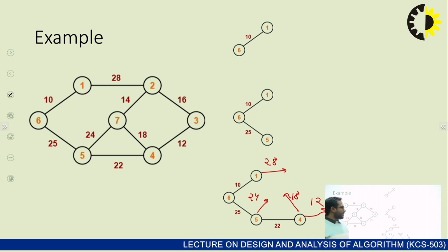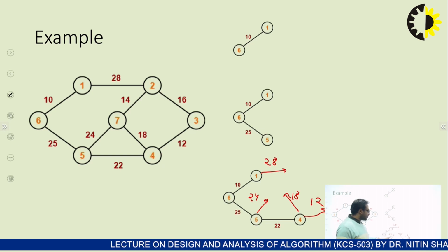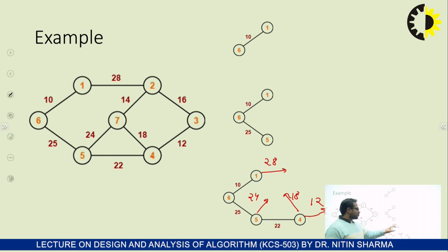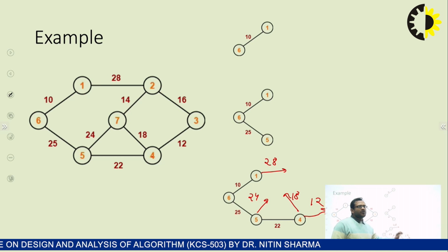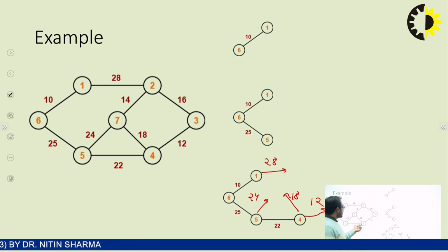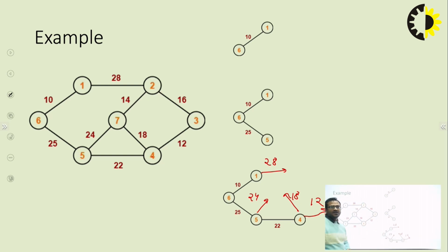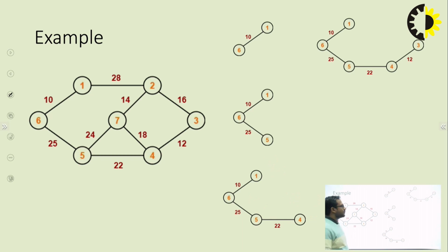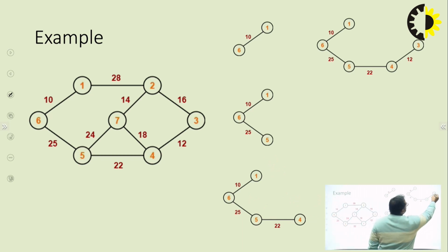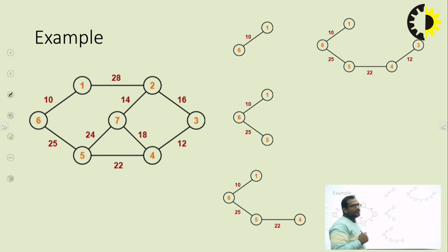So now I am having here 4 options. First edge's weight is 28, then 24, then 18, then 12. So which one are you going to select? You have to select the minimum one, right? So the minimum one is 12. That means the 4 to 3 edge should be selected. Okay, so now I am going to select this 4 to 3 edge. You can see this edge is selected.